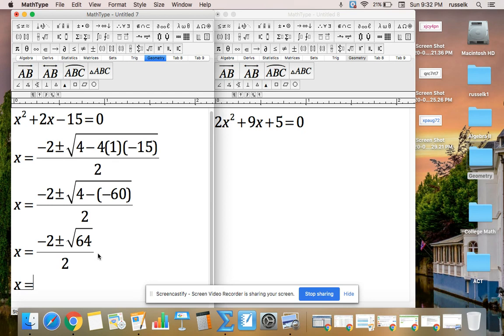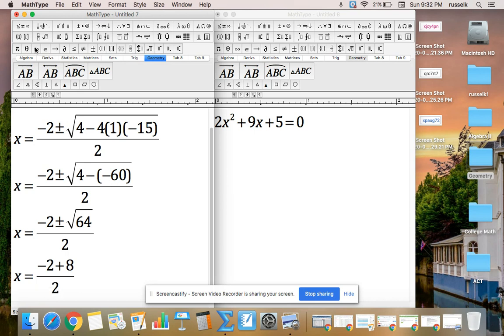I would take negative 2 plus 8 over 2, which gives me positive 6 over 2, which gives me 3.